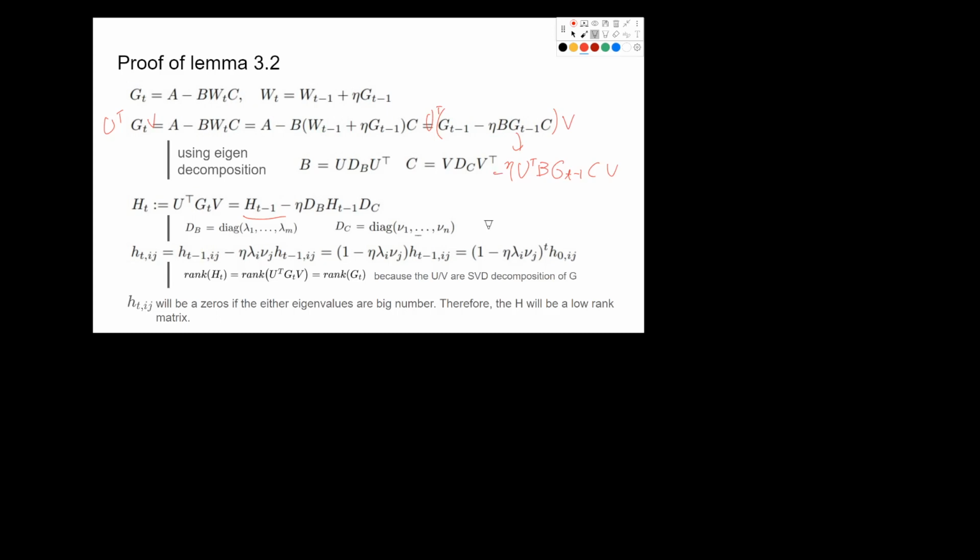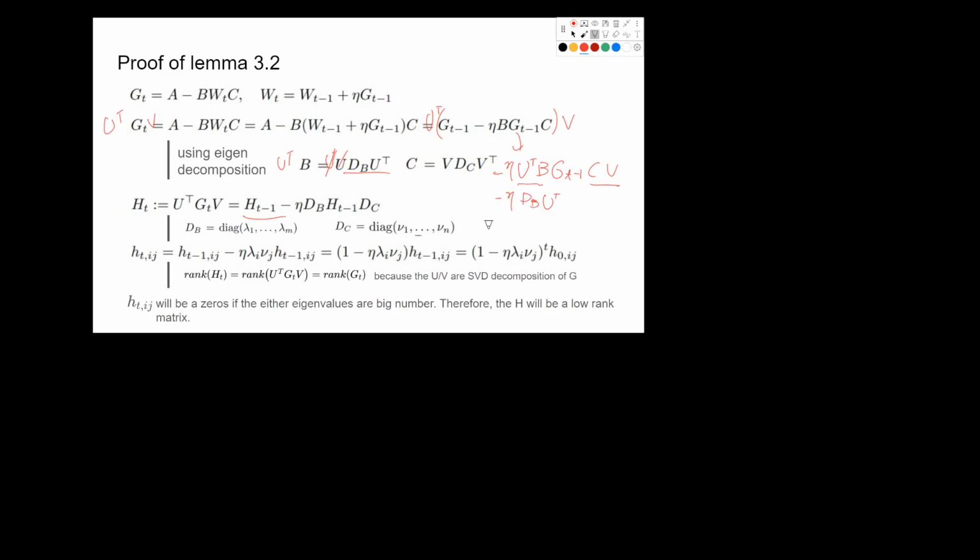Okay, and then this one and this one, so we can substitute the B to here. So we multiply the B by the U^T, so that's the U^T, and so that cancels. So this will be lambda D_B U^T.